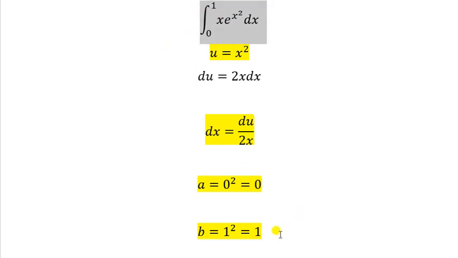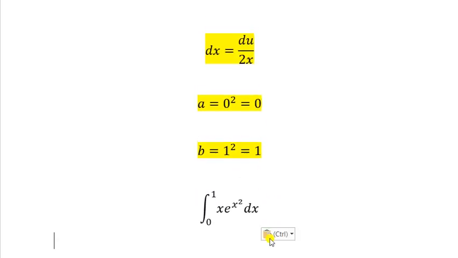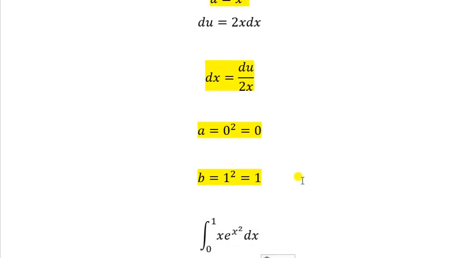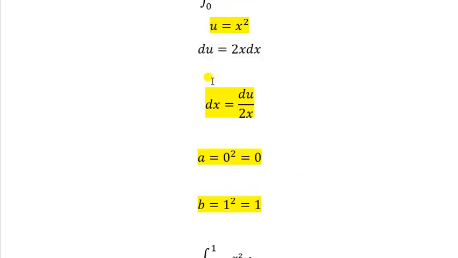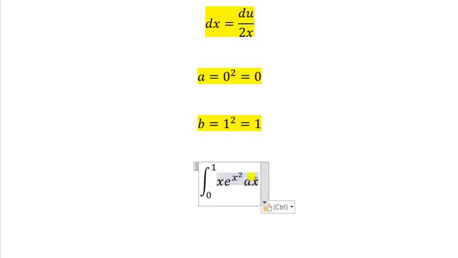Okay, so now it's time to do the substitution. The idea of substitution is to change the values or the expressions we have inside our integral for the equations we have here. For example, we know that u equals x squared, so this x squared we have here will be changed for a u. The dx will be equal to du divided by 2x.